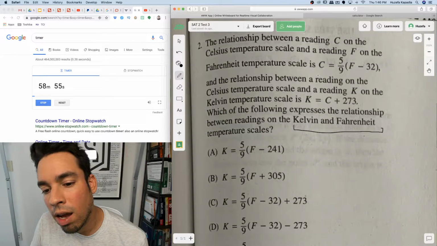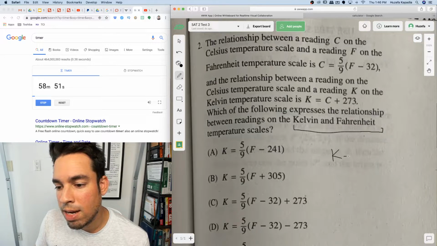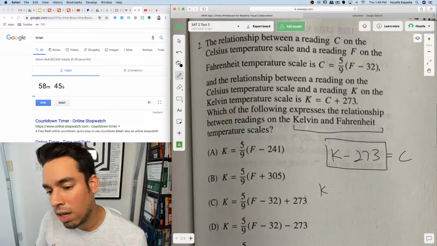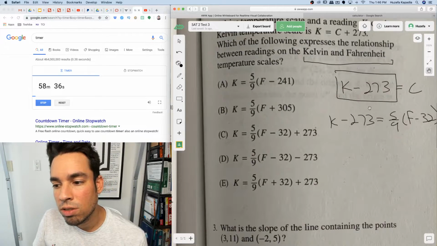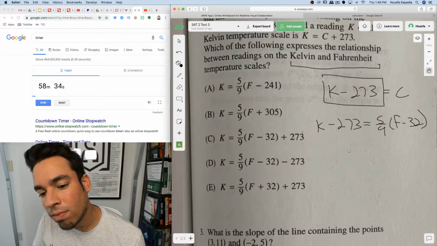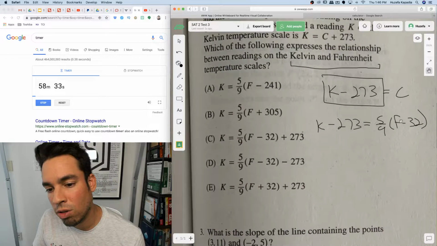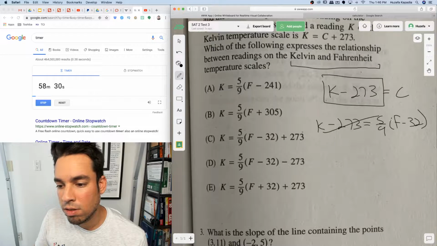And so if I took K minus 273 equals Celsius, and I took that and I just plugged it in for the C there, it'd be K minus 273 equals 5/9 times F minus 32. So that would be the answer. And they've isolated K, so I just add 273 to this side. So it's just this plus 273.